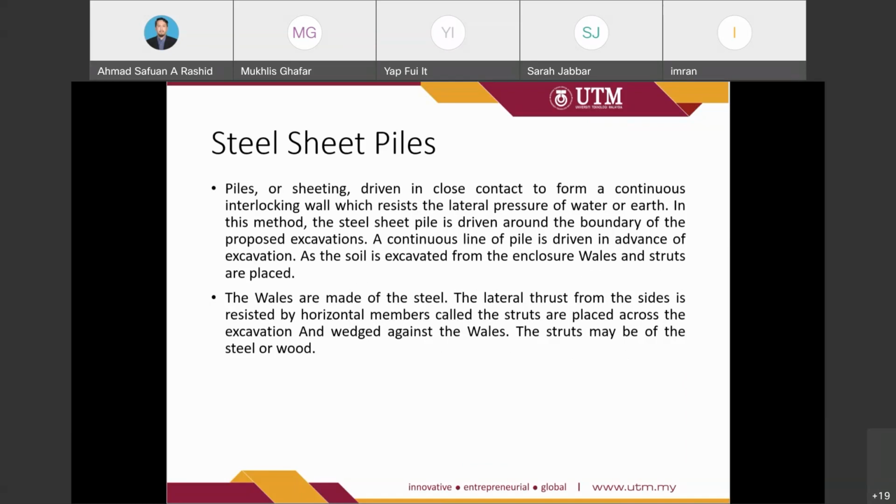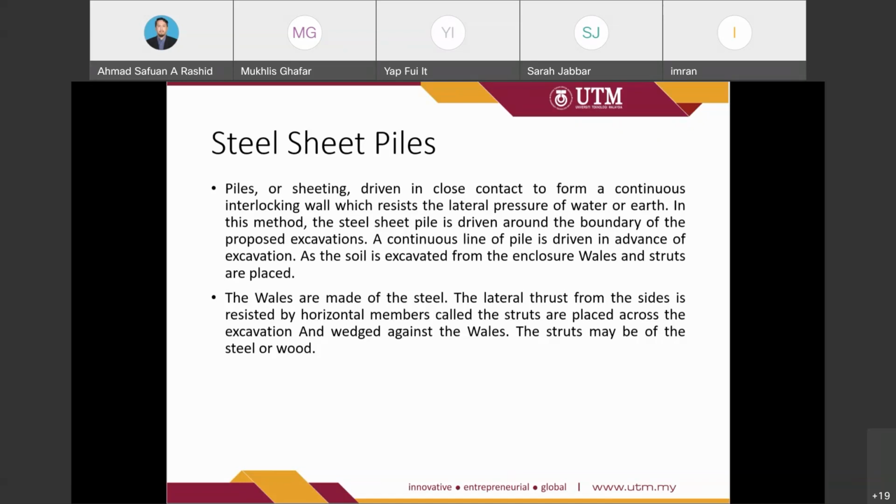As the soil is excavated from the enclosure, wales and struts are placed. So the wales are made of steel. The lateral thrust from the side is resisted by horizontal members called struts, placed across the excavation, and the struts may be of steel or wood.